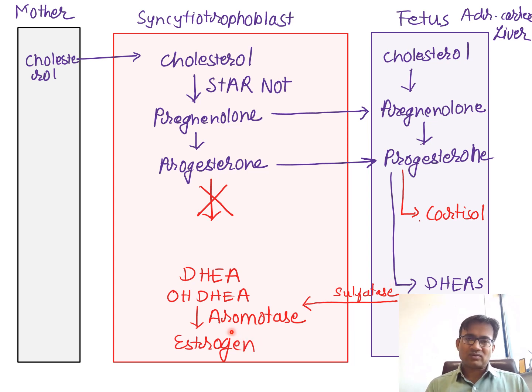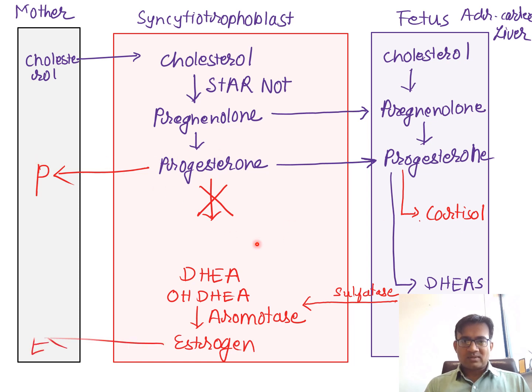That is why estrogen will give you an idea about the well-being of the fetus. Progesterone will not give you an idea about the well-being of the fetus. Estrogen will, because ultimately the substrate has to be formed from progesterone, and that is occurring in the fetus only.